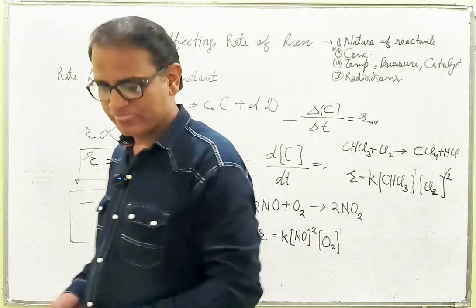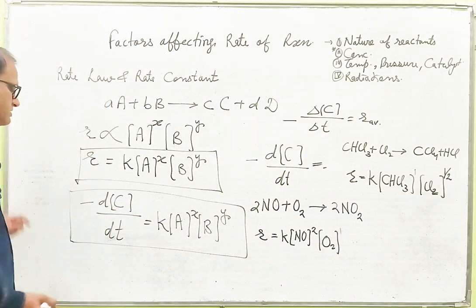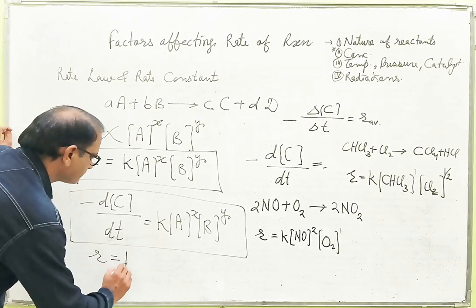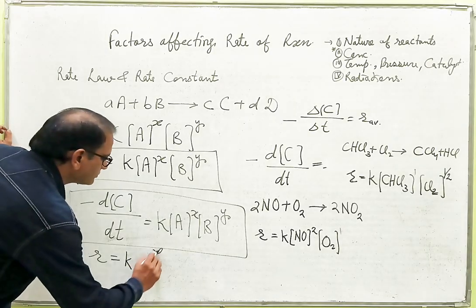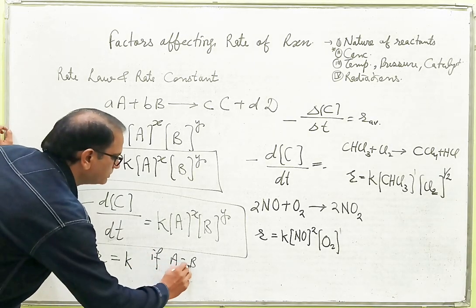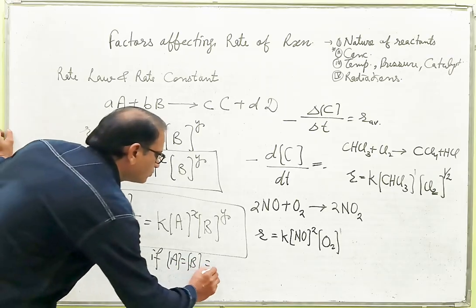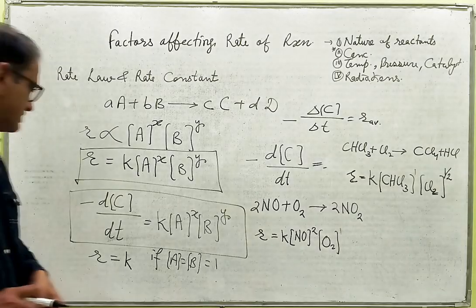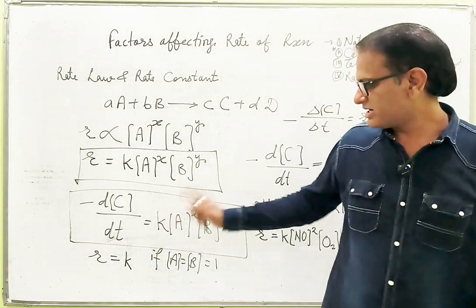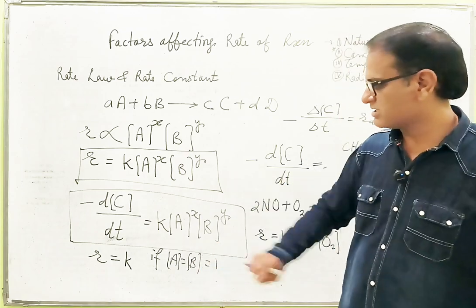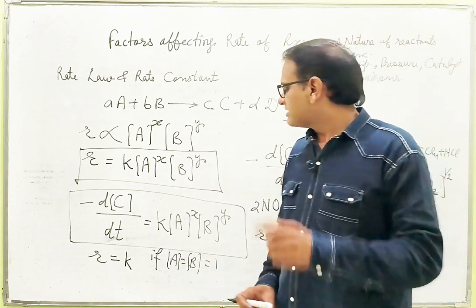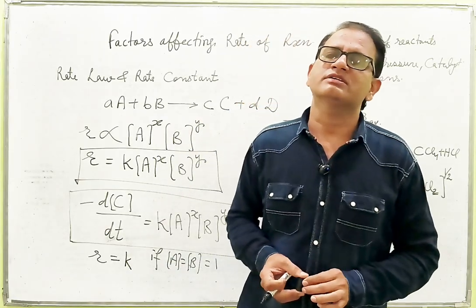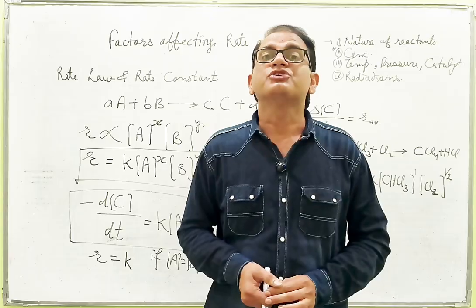Then R is equal to, of course, K. If A is equal to B is equal to 1 mole, unity, it means we can define the rate constant from this condition: the rate constant is the rate of reaction if the concentration of reacting species is taken as unity.